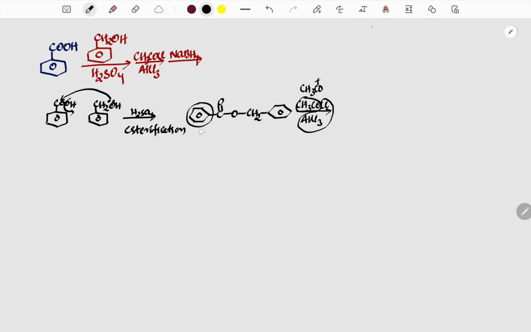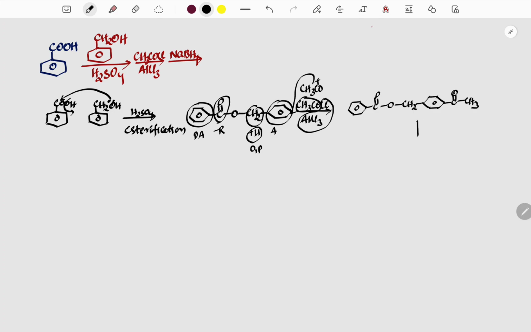This benzene is deactivated because of minus R. This benzene is activated because of plus H. Therefore the electrophile attacks at the para position, because the plus H group is an ortho-para directing group. That's why the corresponding product has the acyl group, COCH3, at the para position.